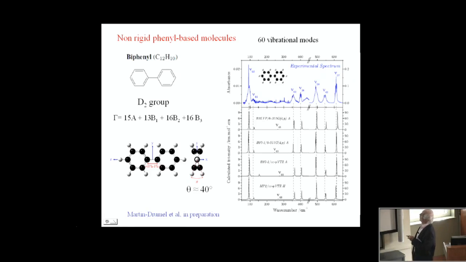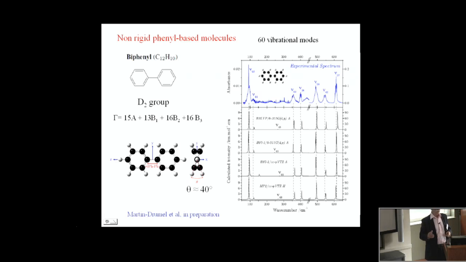And again, DFT does a pretty good job, except for some modes. This is not clearly obvious in that case, but there are other molecules in which it is much more.